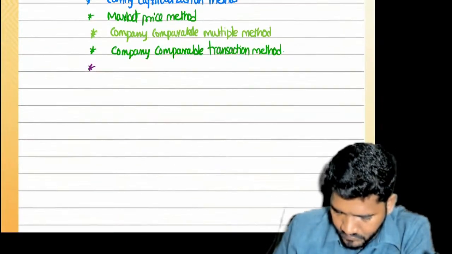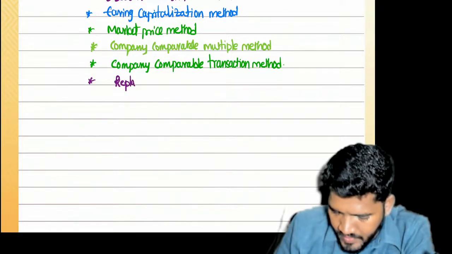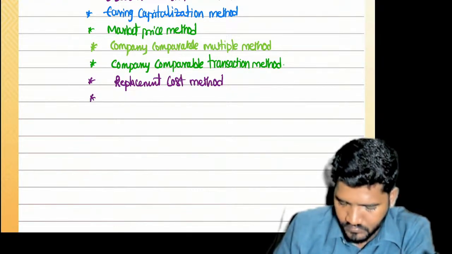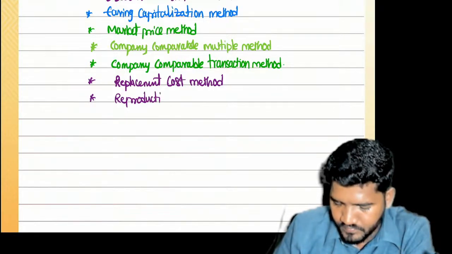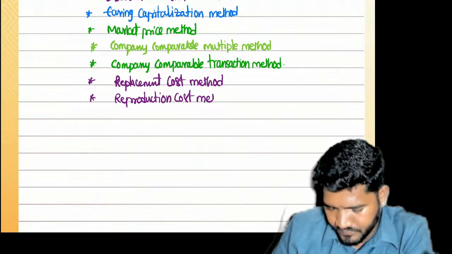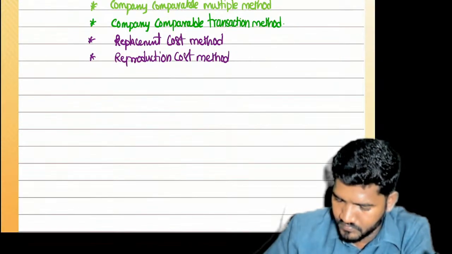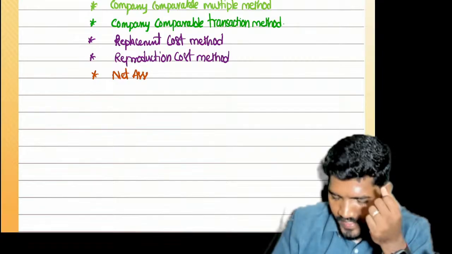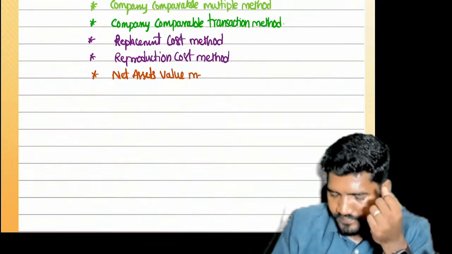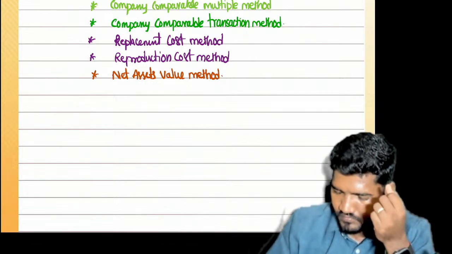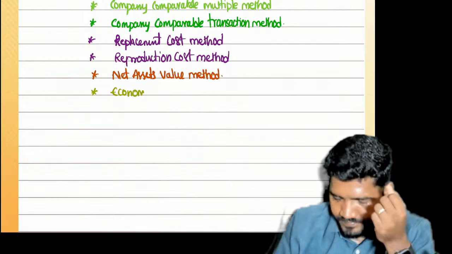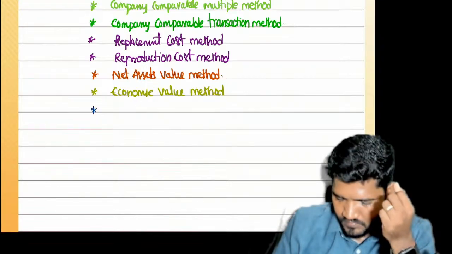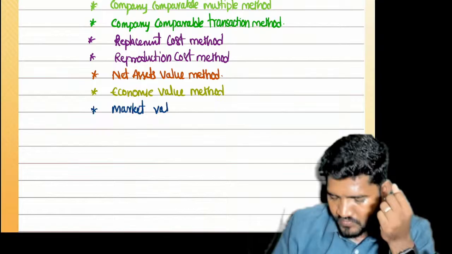After that, replacement cost method, reproduction cost method, net assets value method, economic value method, market value method.